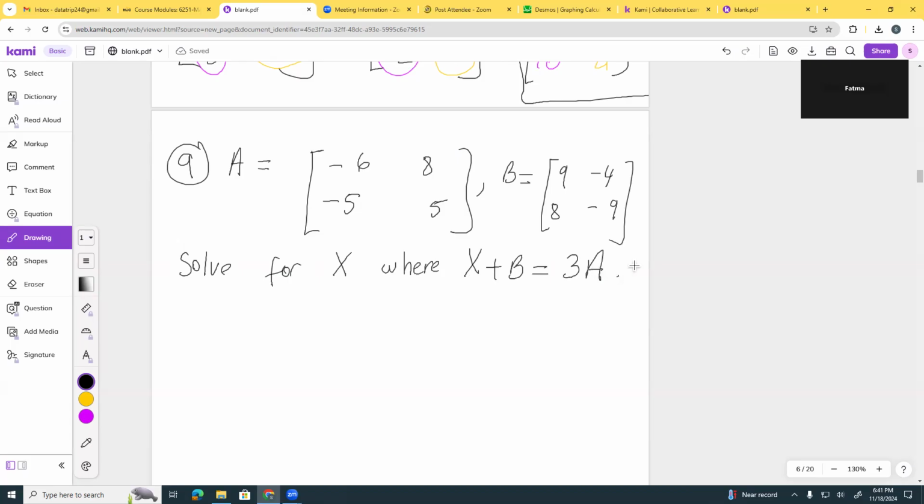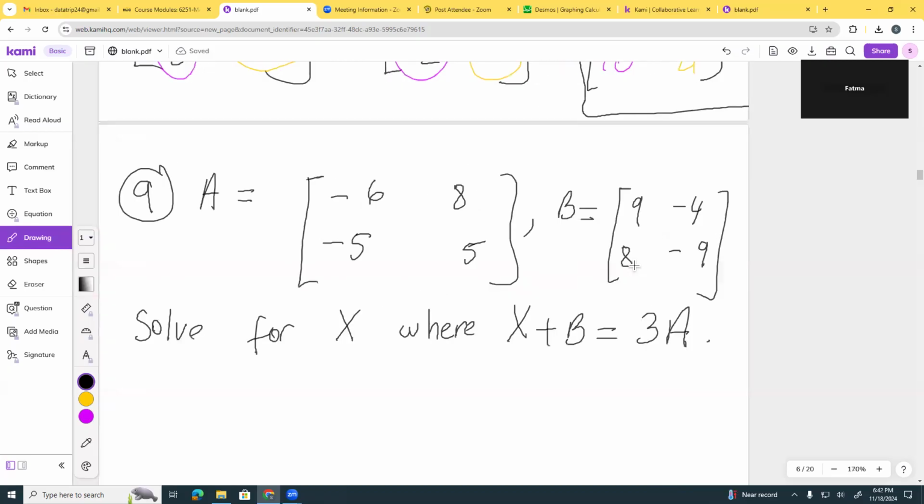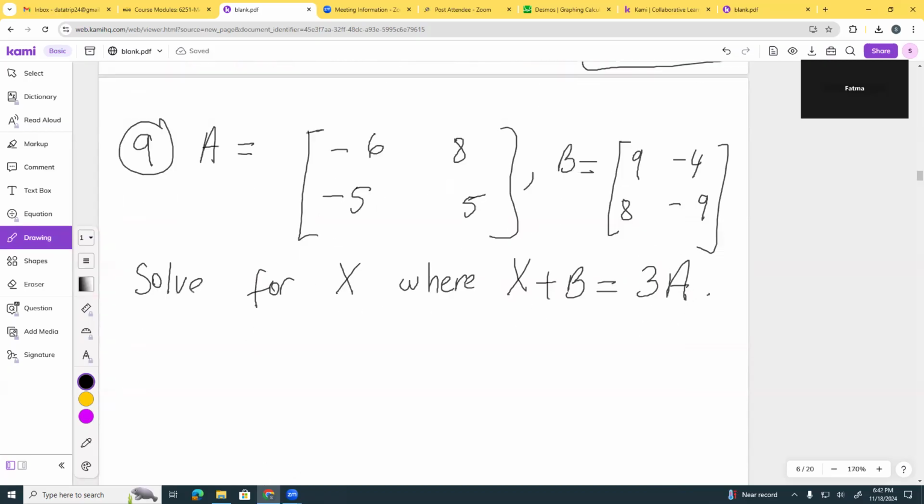Okay, this looks like the one that we did at the beginning of the class, right? Because I have an X in this problem, unlike number 8. So, since we did this recently, where do I start? The equation. Yes, the equation is X plus B is equal to 3A. And we want to solve this equation for what?